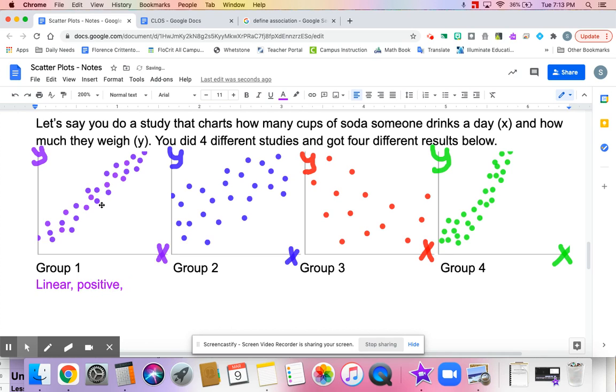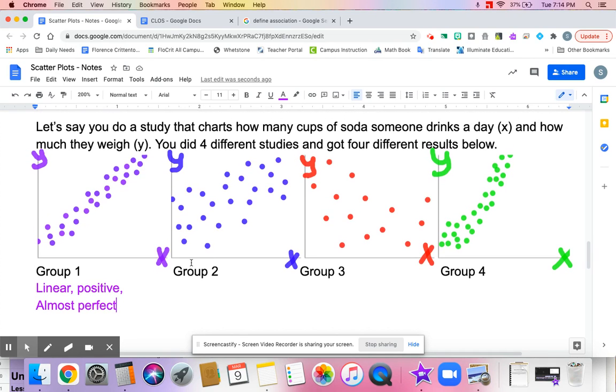Finally, does group 1 have no correlation, weak, strong, or almost perfect? I personally would say this is almost perfect. However, if you had told me that you thought it was just strong, that would be acceptable too.